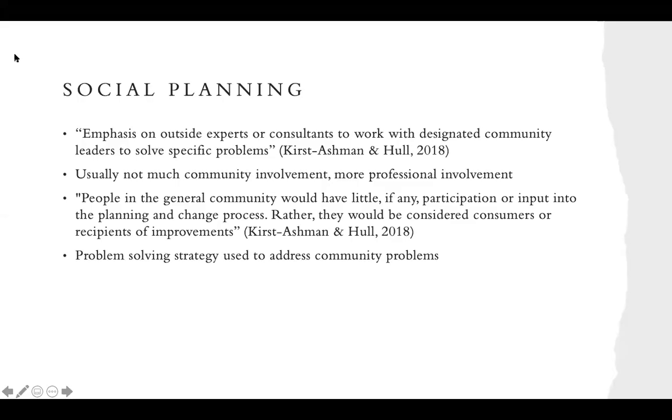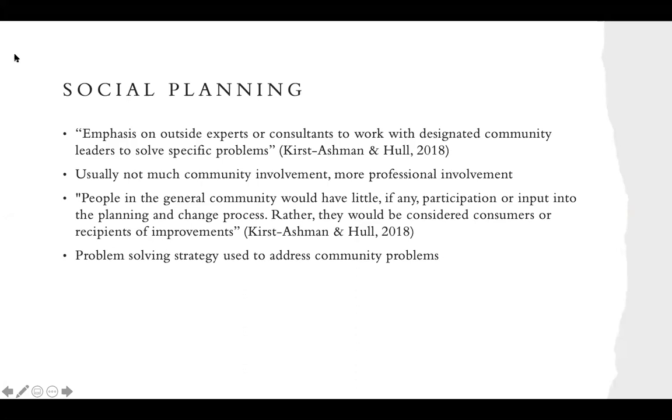The next model of macro social work practice is social planning. Unlike locality development, social planning focuses more on what the community leaders are doing and less on what the community members are doing.